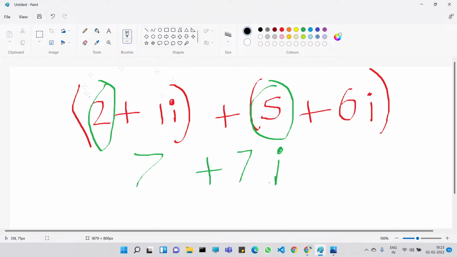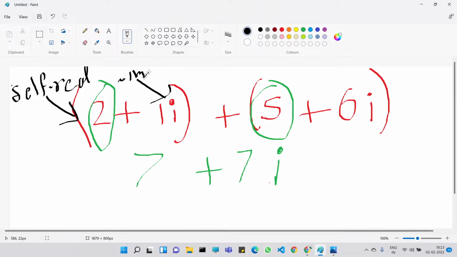This is going to be the self part, and this is going to be the number part. So in the self part, this is going to be self dot real, and this is going to be self dot real, and this is going to be self dot imaginary.